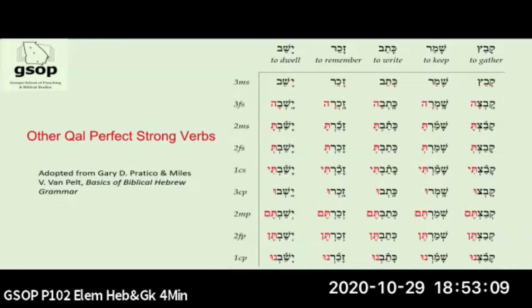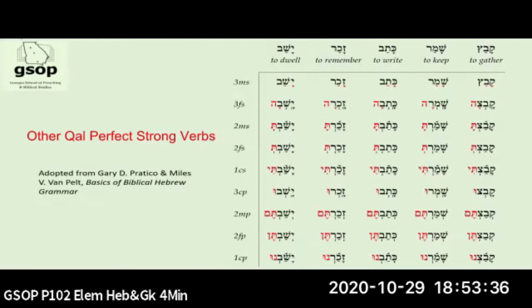It is in fact an a sound, ah, instead of the o sound. They put it there because we looked at syllabification. Let's take the yashva under to dwell, third feminine singular. That would be yashva.